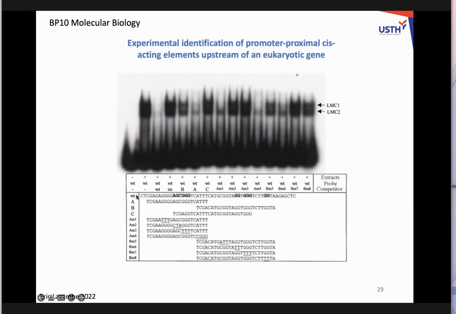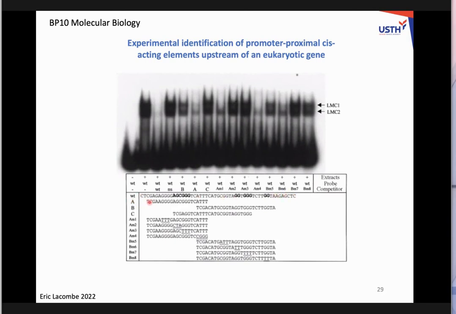I explain how we did it. On this lane, I put the red one, it's easier. This is the sequence of the wild type probe. Here, A, B, and C, you've got the sequence of 3 overlapping fragments that are shorter but cover the whole range of the DNA fragment used as a probe.